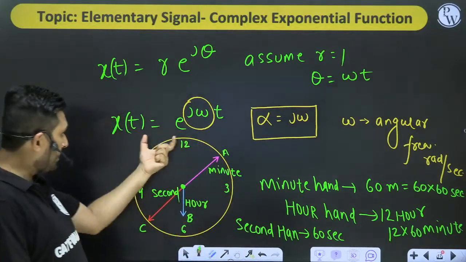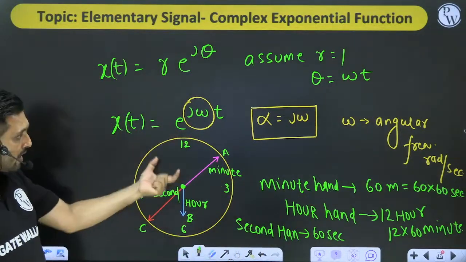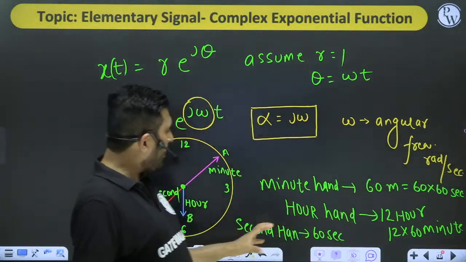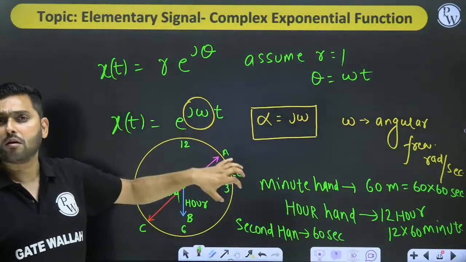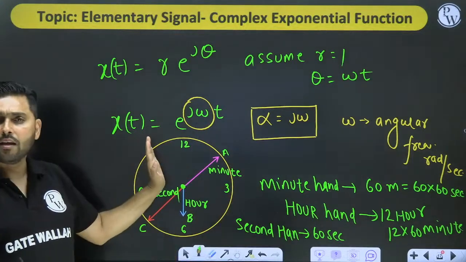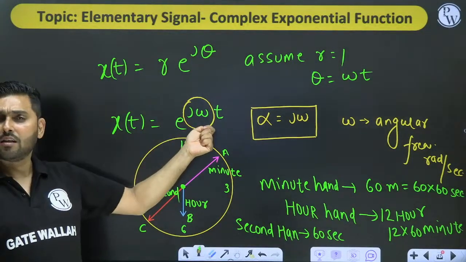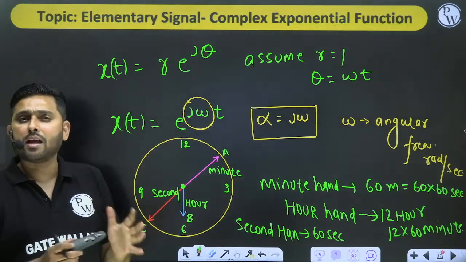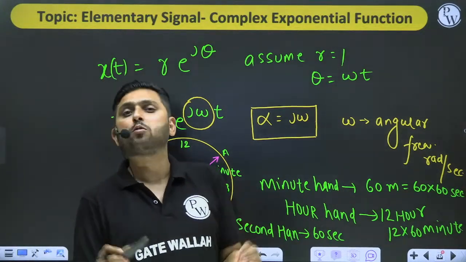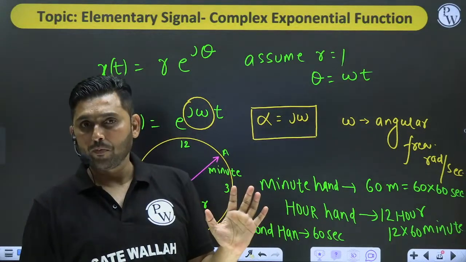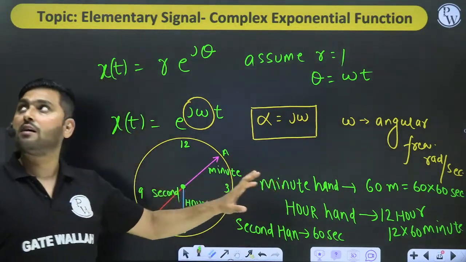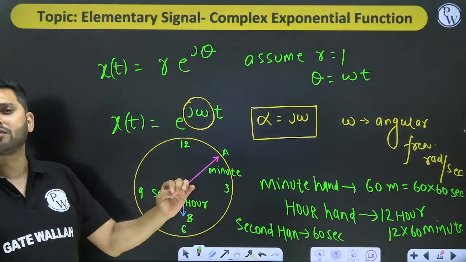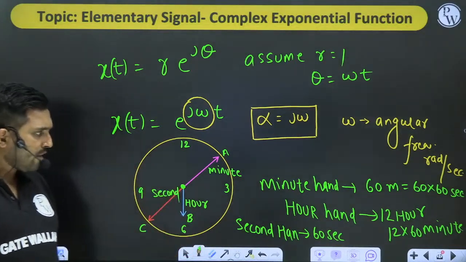A circle is a figure which repeats after a certain amount of time, because a circle is nothing but a combination of sine and cosine according to Euler's formula.